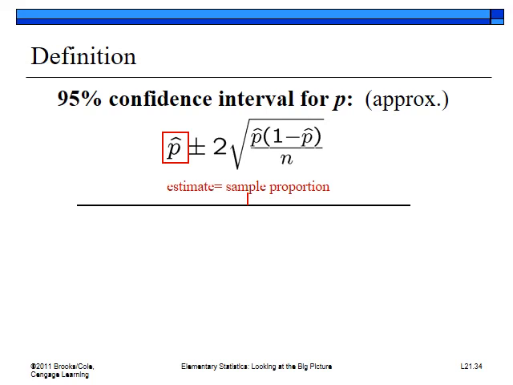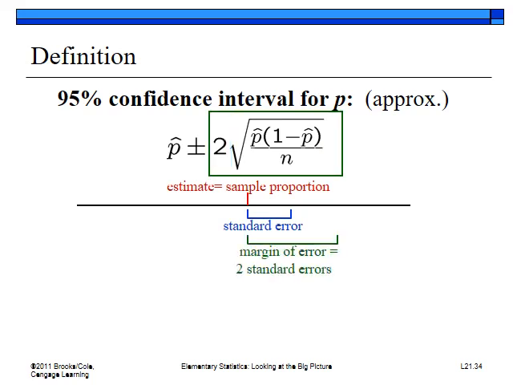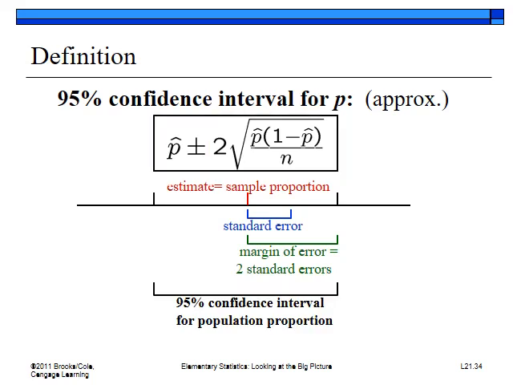Remember, P hat is our point estimate, and the square root of P hat times 1 minus P hat over N is the standard error. To get the 95% confidence interval, we'll go up and down by 2 of the standard errors. That will generate our 95% confidence interval.